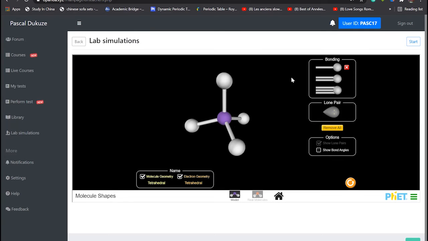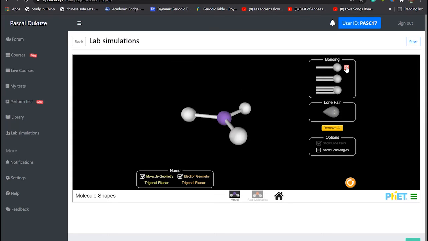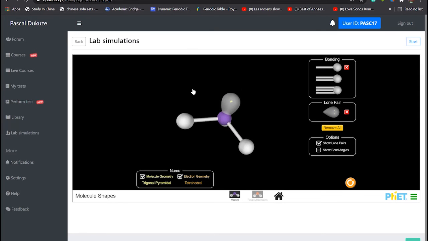Now let's remove one bonding pair and replace it with a lone pair. When you replace it with a lone pair, what happens? You can see now on the molecular geometry, we have a trigonopyramidal geometry, but the electron domain geometry remains tetrahedral.